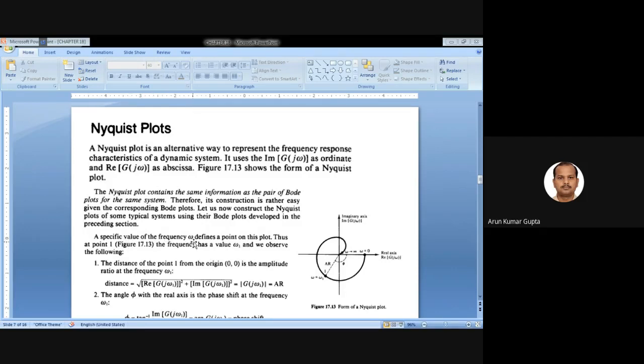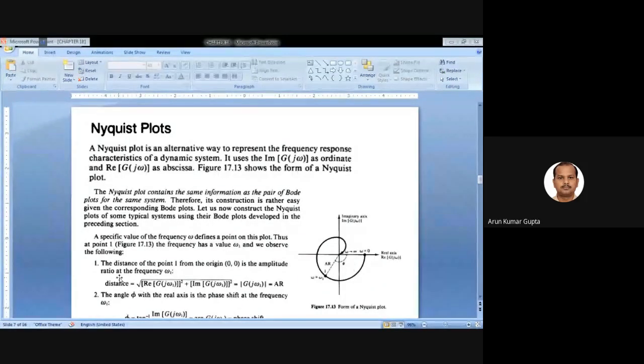A specific value of the frequency omega defines a point on this plot. The amplitude ratio will be the distance of that point from the center. Once again I am repeating this: how far the point is from the center is given by the amplitude ratio, and at what angle is given by the phase lag.